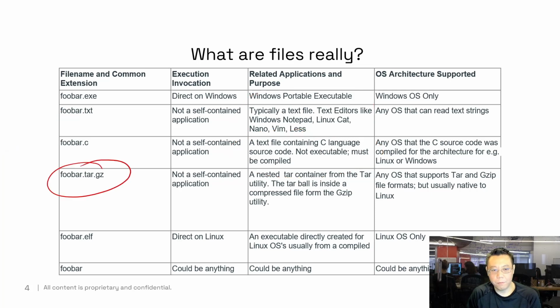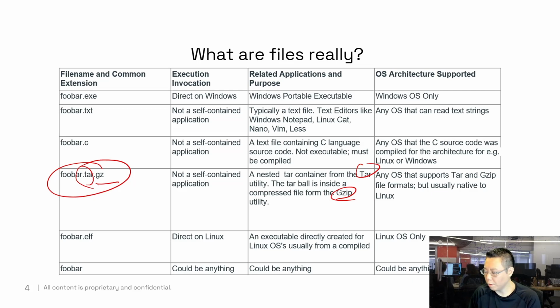Next, we have foobar.tar.gzip. Again, we saw a little bit of this in the last lecture, but nevertheless, it's a gzip file that has tar packaging. You could use tar and gzip together to create the file or unpack it as necessary. Many Linux OSs have these built in by default, Windows doesn't.